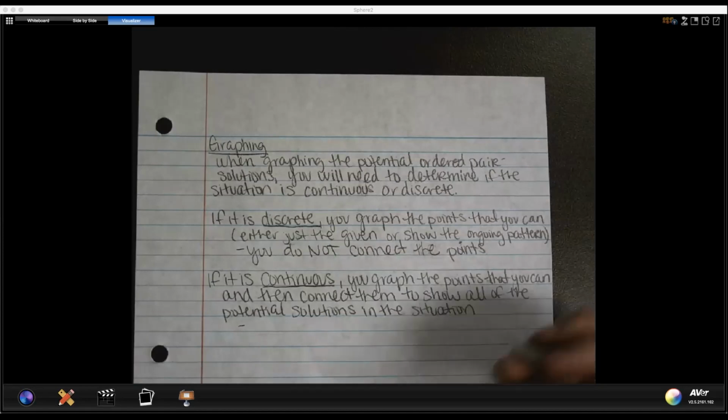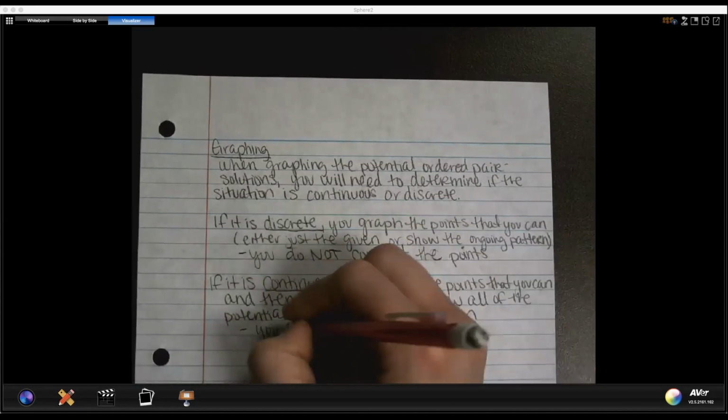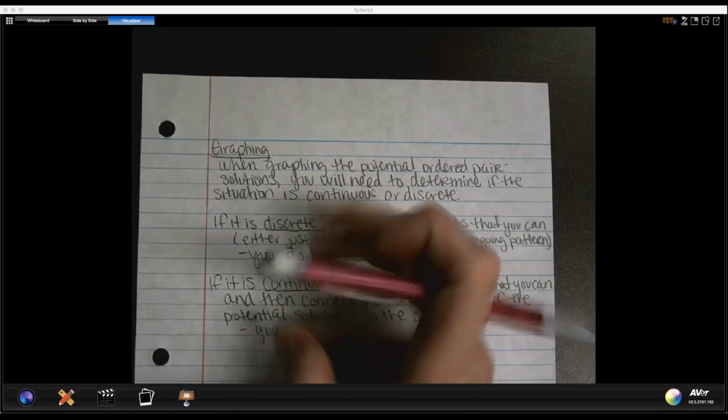So just again, to reiterate, you do connect the points.